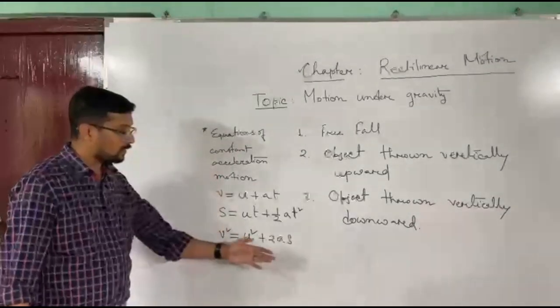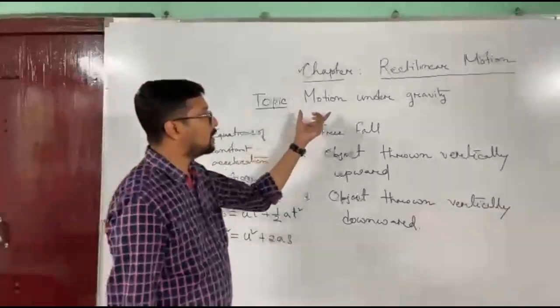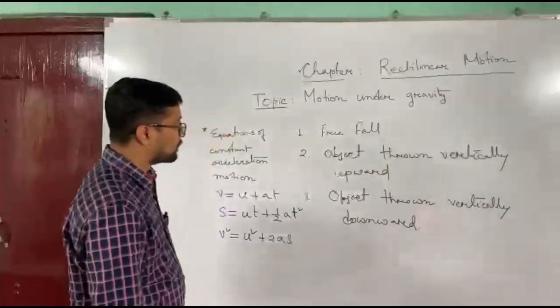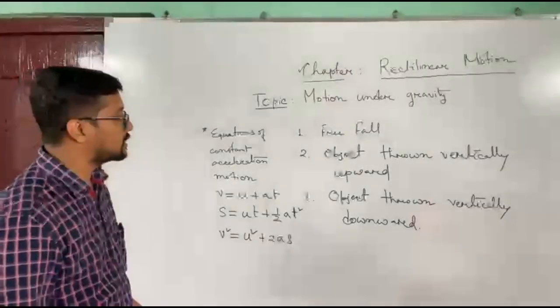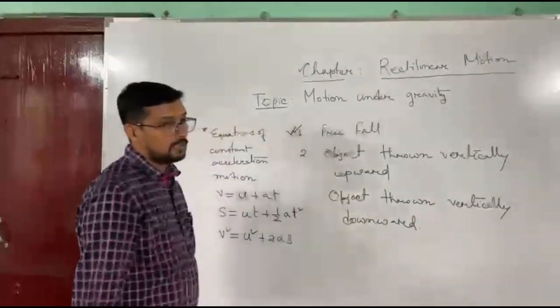So these are the three equations which are going to be used when we study motion under gravity. Let us now first discuss the first type of motion, which is free fall.